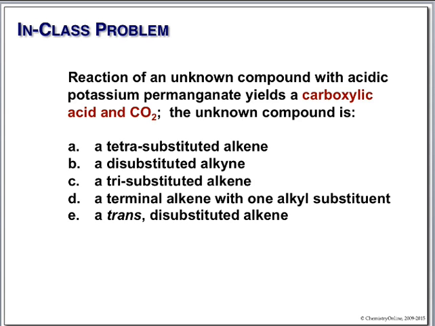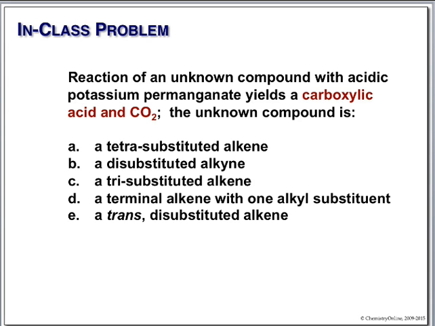If we have a hydrogen anywhere, that's going to wind up as an oxygen on either of our sp squared carbons. If we have alkyl groups, they survive. Okay, our choices. We're dealing with a tetrasubstituted alkene.